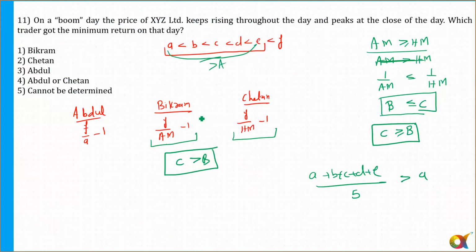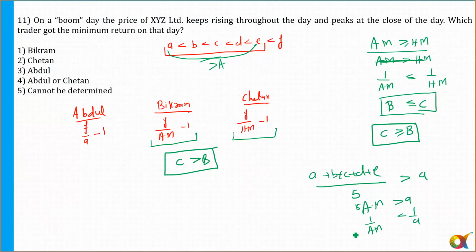So now tell me, among Abdul and Vikram, which is the larger? If I take a reciprocal, the sign will get changed. The question is, which trader has got minimum? So can I say A is also like 1 upon, if I take a reciprocal of this arithmetic mean. So the arithmetic mean of these 5 numbers is greater than A. So 1 by arithmetic mean of these 5 numbers is definitely less than 1 by A. Okay.